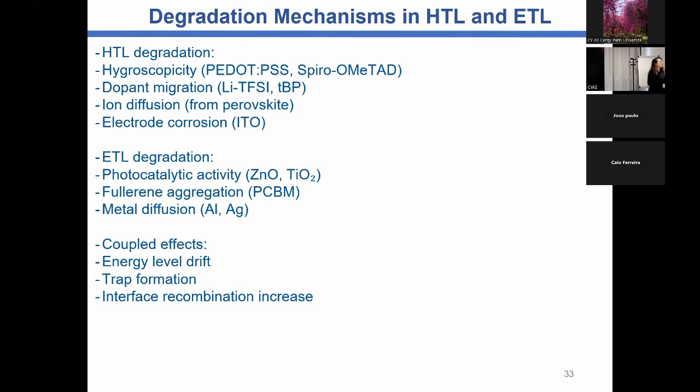So if you have these side effects coming from the interfaces, even if we seek a new material for the active layer and the material of the active layer is quite stable, we have these interlayer issues.